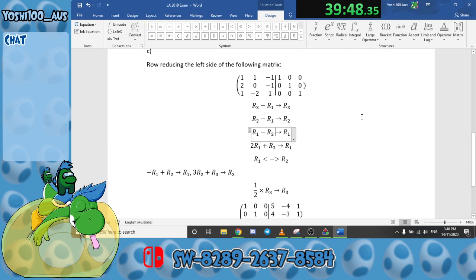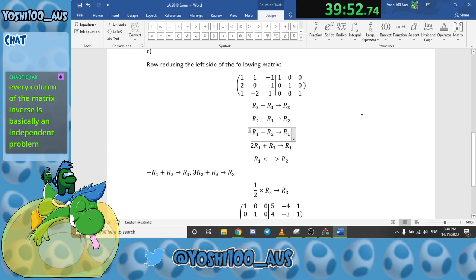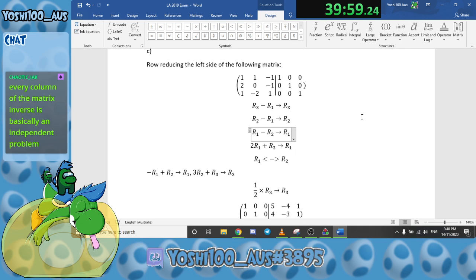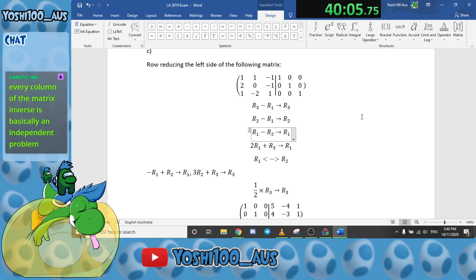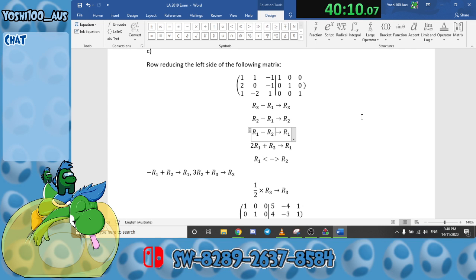What part was this? 1C. Alright. Every column of the matrix inverse is basically an independent problem. I suppose, yeah, you're right. If you're performing the same steps, then each column is a different problem, which means you'd only have to review the other 2 columns, regardless of what happens.